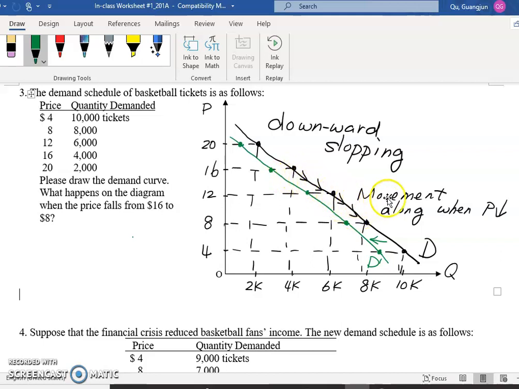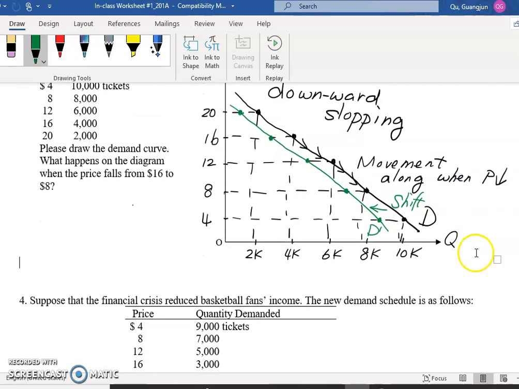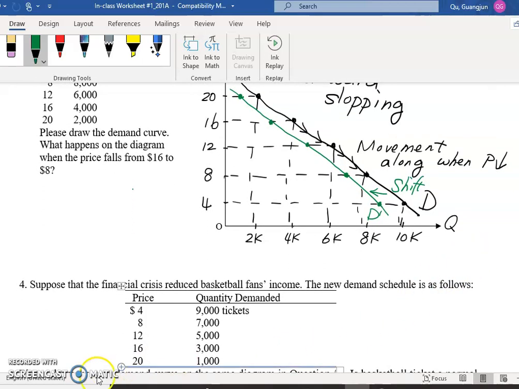So there's a movement along the curve. But in number 4, what we find is a lower income leads to a leftward shift of the demand curve. Okay, so when are we going to move along the curve? When are we going to shift the curve? We will discuss that later in this chapter.